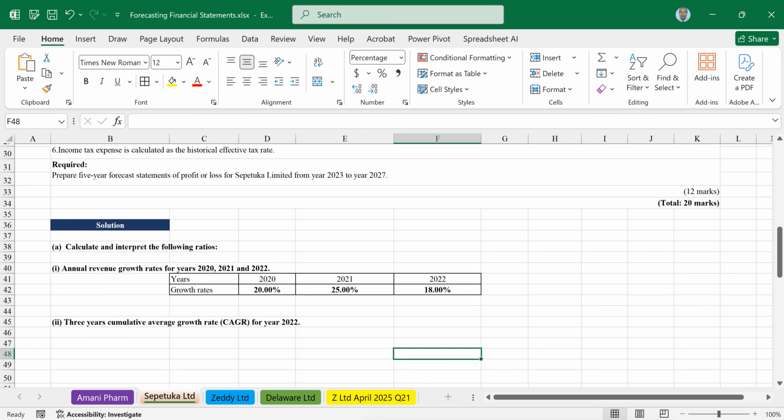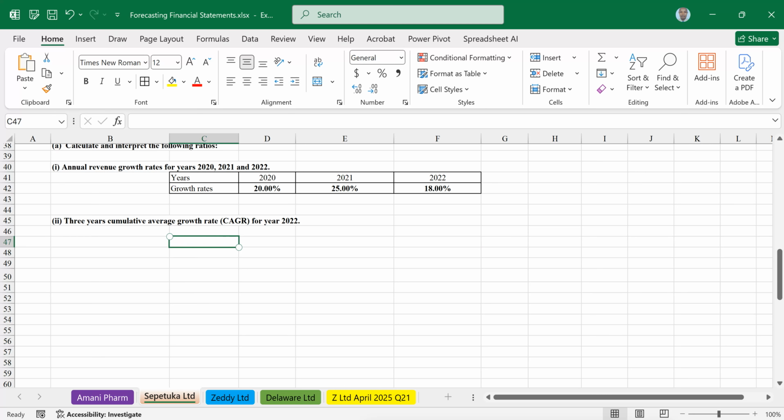So CAGR can be obtained using two ways. CAGR, cumulative average growth rate, you can use the following formula. So we want to say use of formula. And the formula will look as follows.